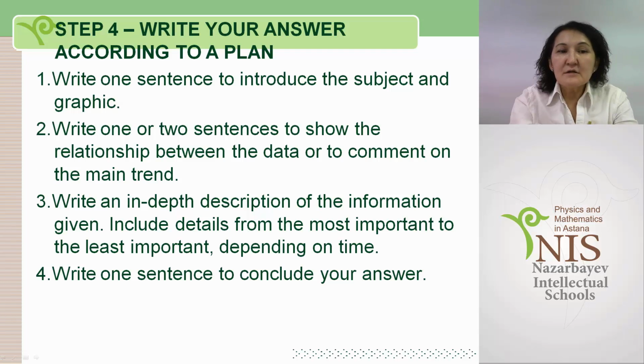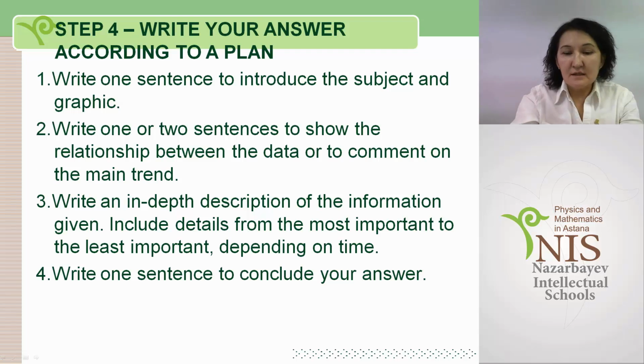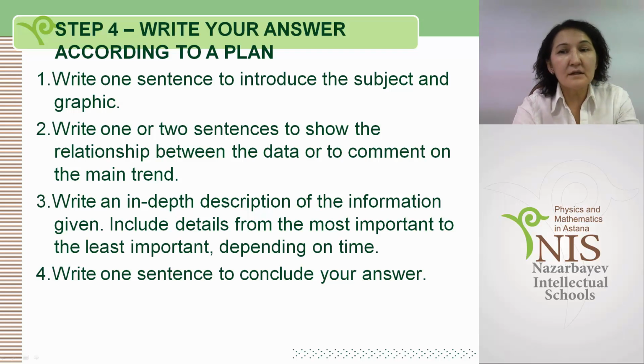Third, write an in-depth description of the information given. Include details from the most important to the least important, depending on time. Fourth, write 1 sentence to conclude your answer. That is the plan for writing the answer concerning Writing Task 1.